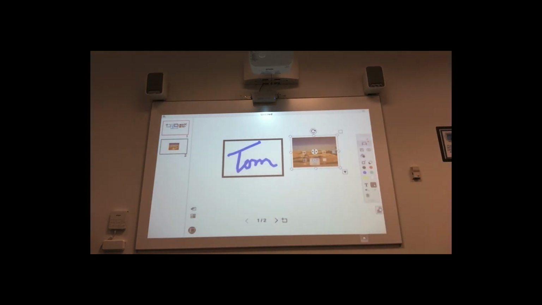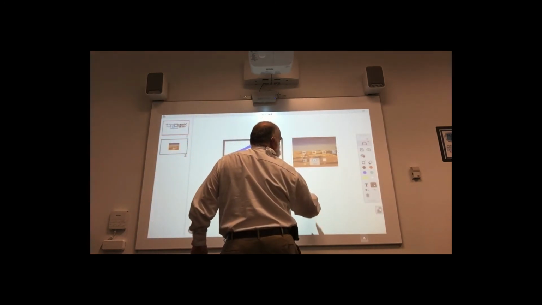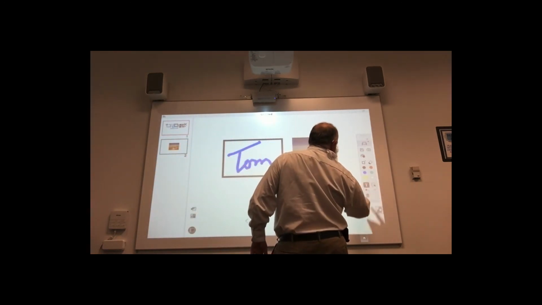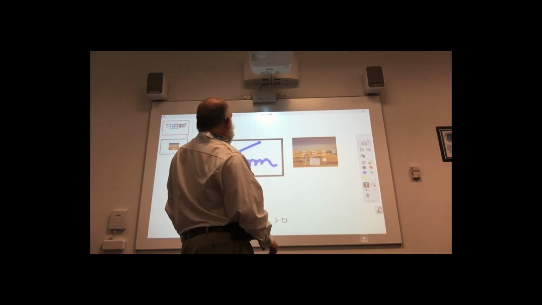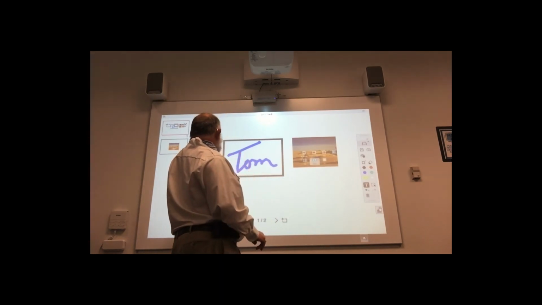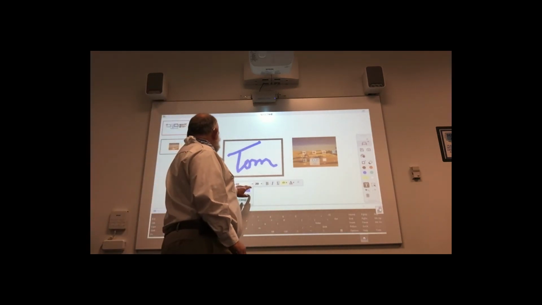Why don't you come up and give us some text? So rather than the written, use the text option. At this point, just touch anywhere on the screen. Let's go here.